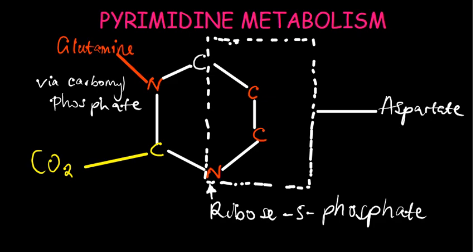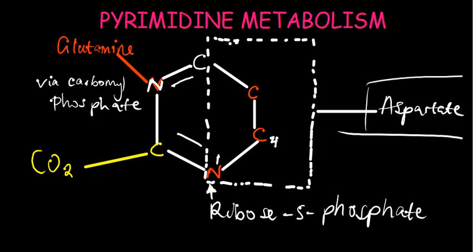Alright, so looking at the structure of a pyrimidine, there are several things that we are going to look into. This is the generic structure of a pyrimidine base. Let me start from nitrogen number 1. So nitrogen number 1 and carbon number 4, as well as carbon numbers 5 and 6, all come from aspartate.